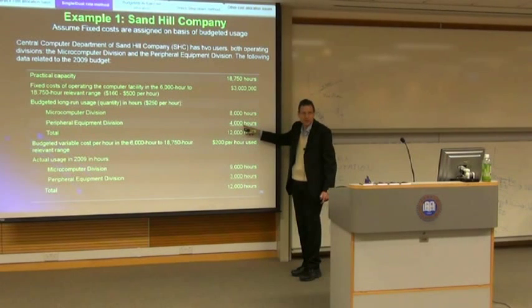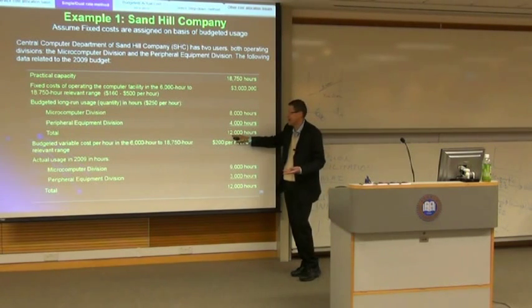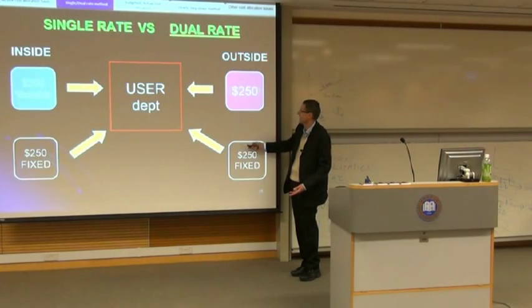They promised they want to use 4,000. But they only use 3,000. If they said they're only going to use 3,000, what is the total basis? 11,000? Yes? So therefore, how much is the rate per hour? Do the calculation. 5.4 million divided by 11,000.